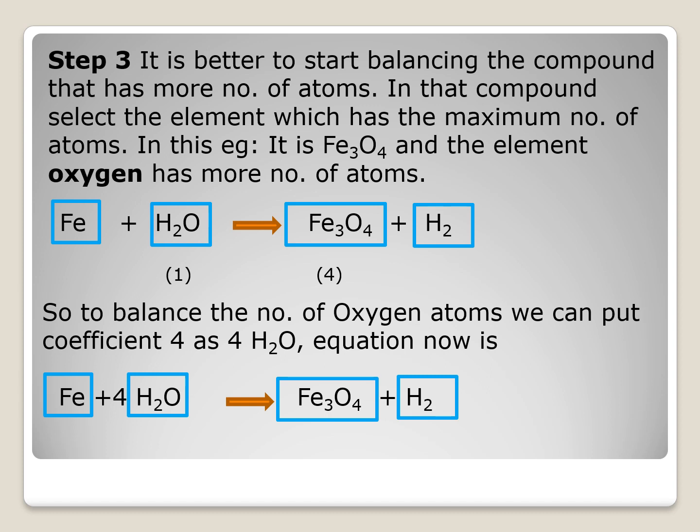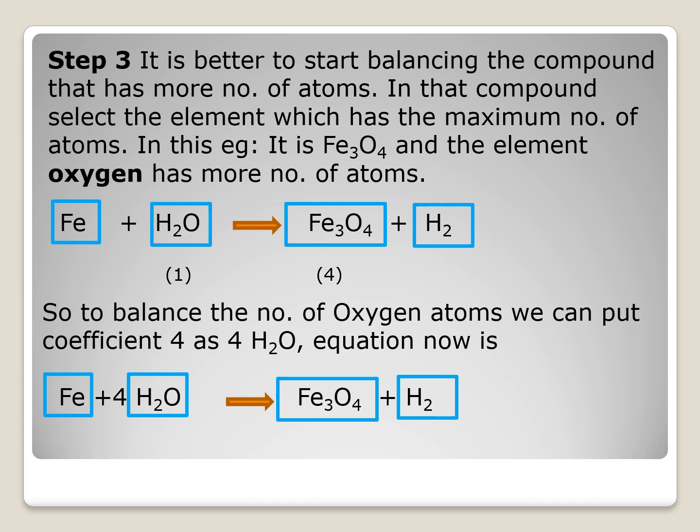Third step. Now the next step is to balance the compound that has more number of atoms. In that compound, now select the element with maximum number of atoms. In this equation, the compound is Fe3O4 and the element is oxygen.